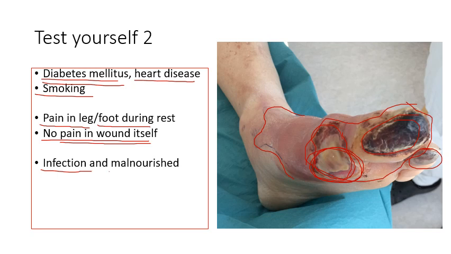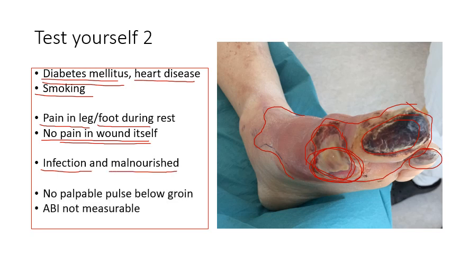Infection was prominent, and the patient was malnourished. There were no palpable pulses below the groin, so you felt some pulse in the femoral artery, but below that nothing.